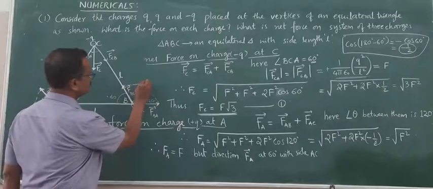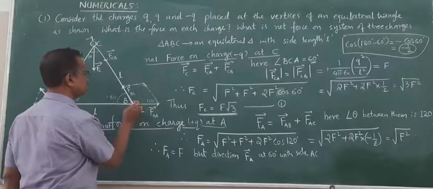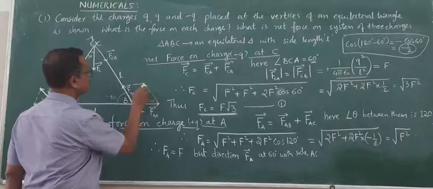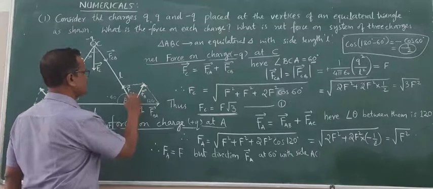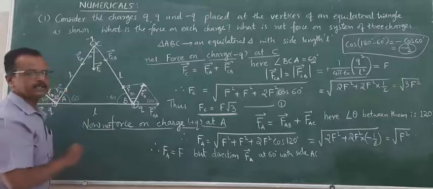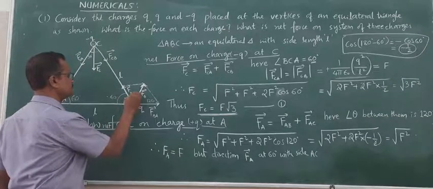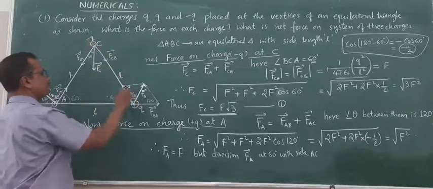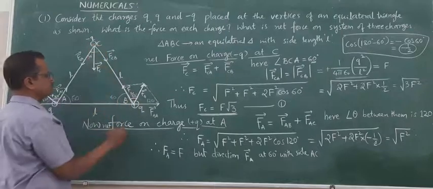Draw a parallelogram, and when you draw it, you will get the diagonal representing the vector FB. So again, this vector is also making an angle of 60 degrees with the side BC.